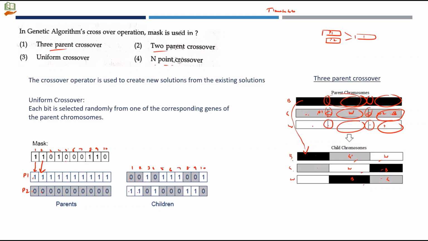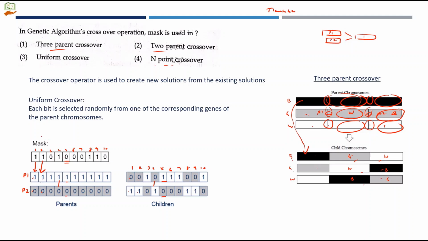Now let's take the 5th position. We have 0 here. Parent 1 is 1, parent 2 is 0. Just check it is the same. But just consider the previous position 4. You should have a swap here. It is swapped. So whenever the mask has bit 1, the positions of the gene will be swapped. Whenever it has 0, it will stay the same.